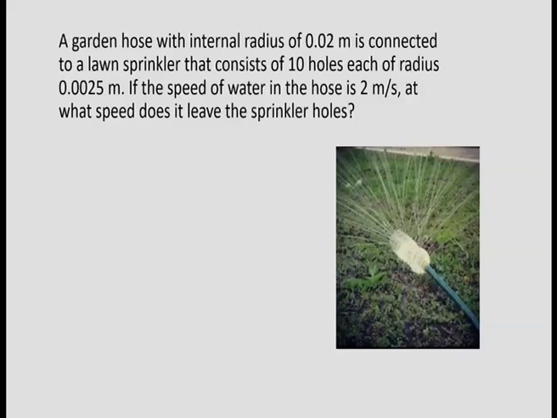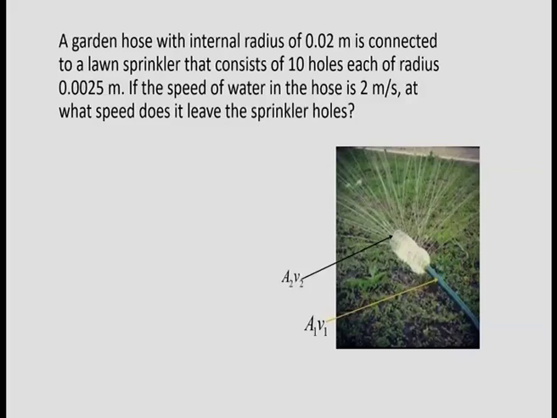So here you can see the water hose has area of A1, cross sectional area of A1, and the velocity of water in that hose is V1. And in this sprinkler, let us say you have made 10 holes and water is coming out of those holes at a greater speed, you can see that. So the area of each hole is A2 and water is coming out at velocity V2.